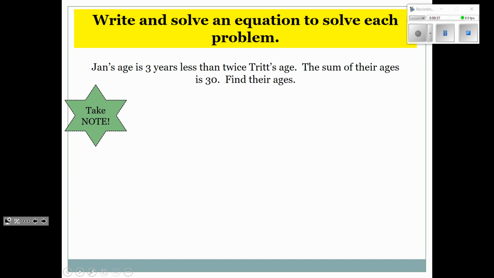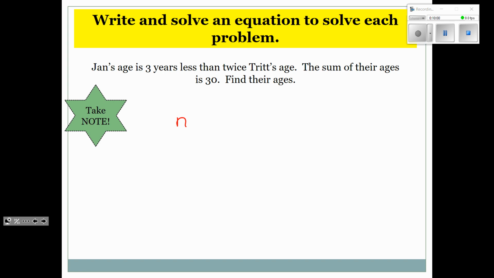In our last example, Jan's age is 3 years less than twice Trit's age. The sum of their ages is 30. Find their ages. We have 2 people, so we're going to have a variable to stand for one of them. I'm just going to use n.